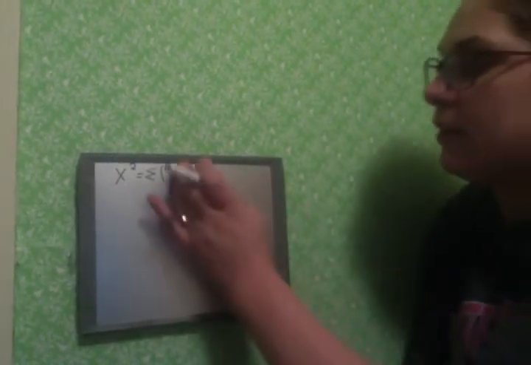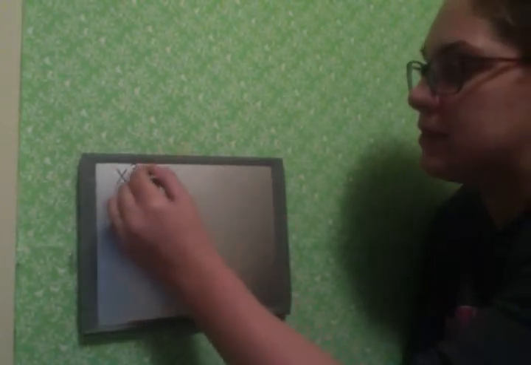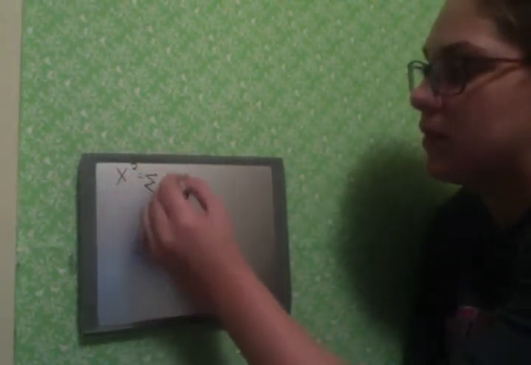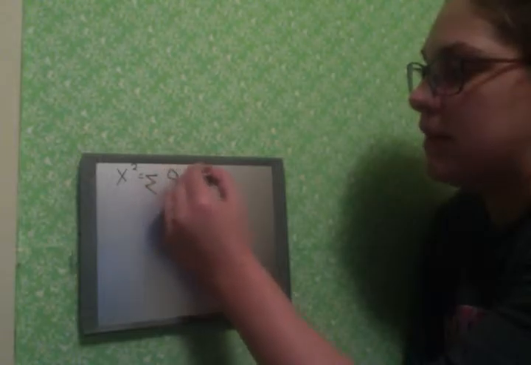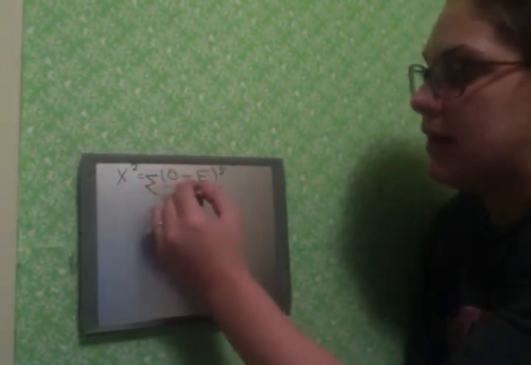You probably can't see that very well, sorry. So it's the sum of observed minus expected, squared, divided by the expected.